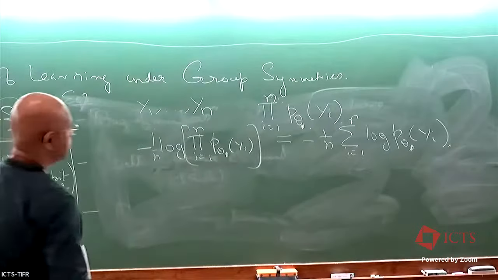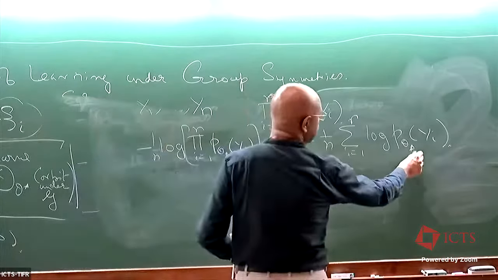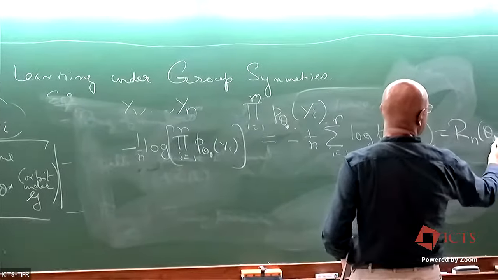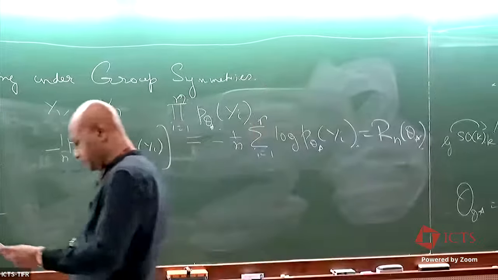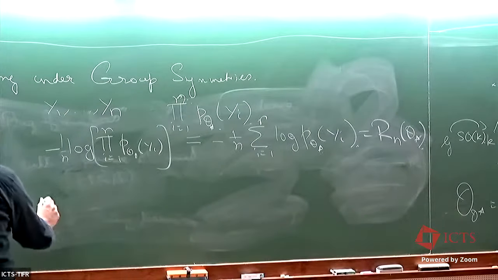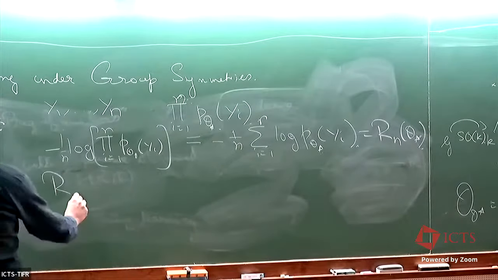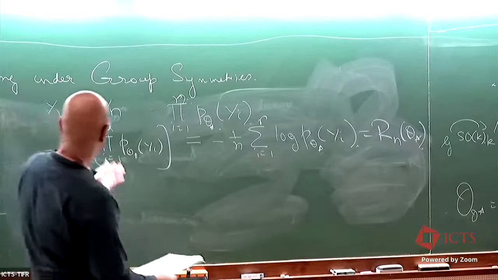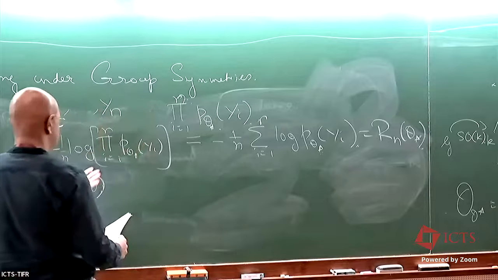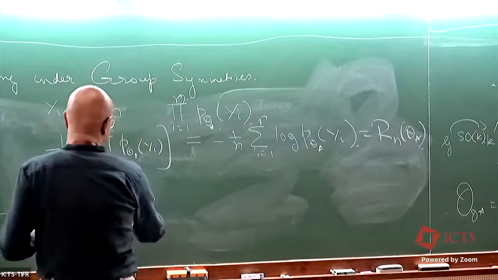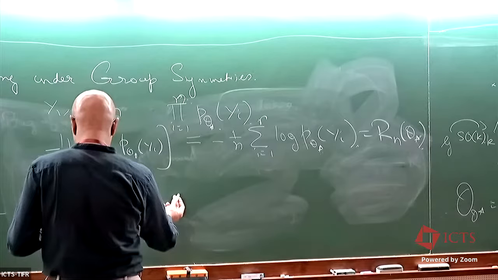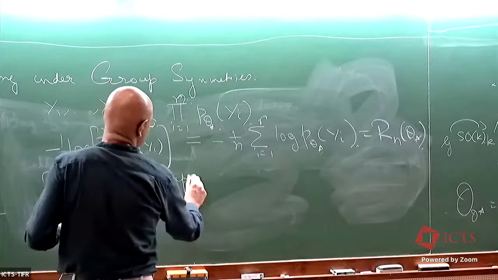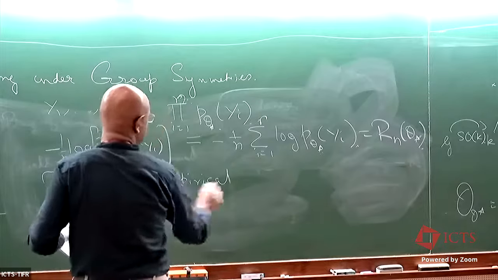So now we can think of this as a function of theta star. You can think of theta star as varying, so we consider it as a general function of theta, and this is the so-called empirical risk.